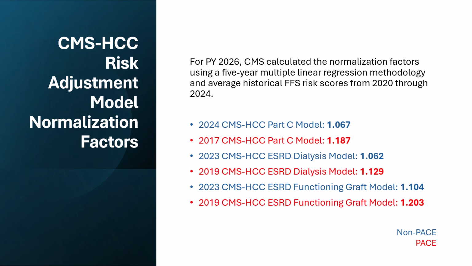For PACE organizations, CMS will calculate risk scores using 10% of the risk score calculated using diagnoses from encounter data and fee-for-service claims only, under the 2024 CMS-HCC model and the 2023 CMS-HCC ESRD models, and 90% of the risk score calculated using diagnoses from RAPS, encounter data, and fee-for-service claims, under the 2017 CMS-HCC model and the 2019 CMS-HCC ESRD models.